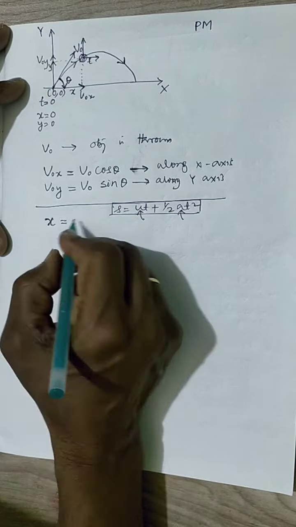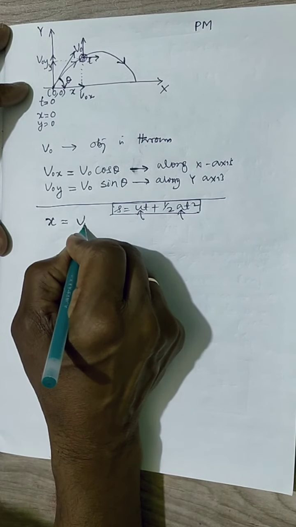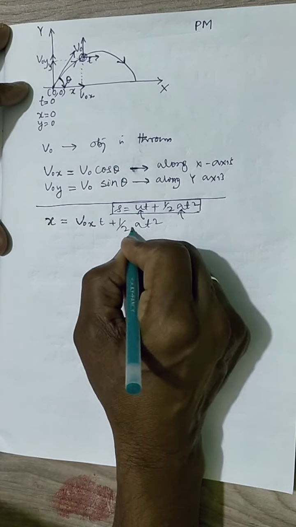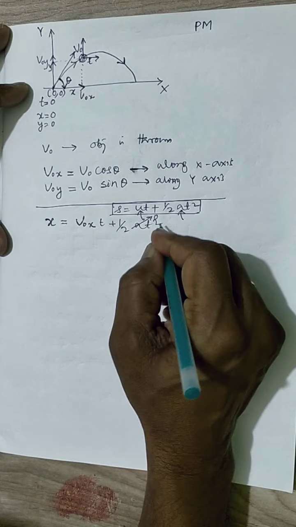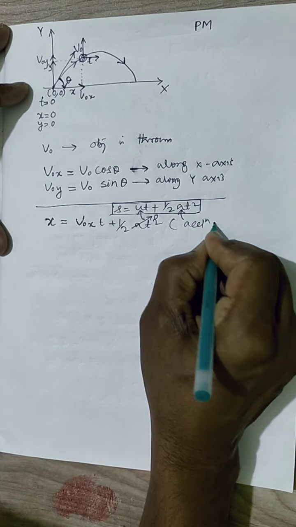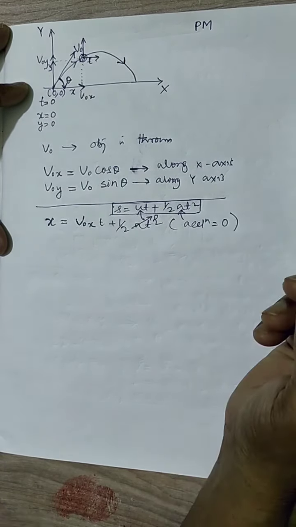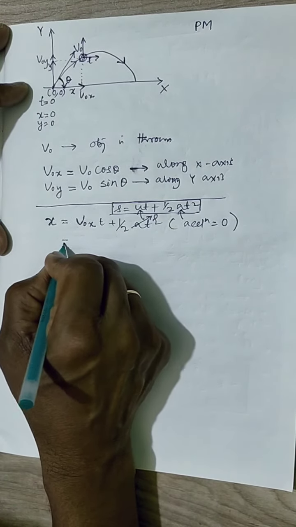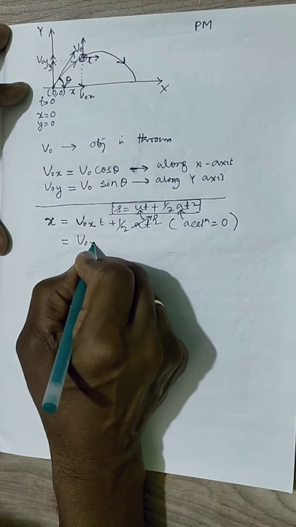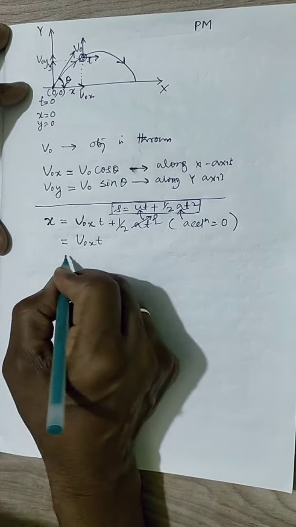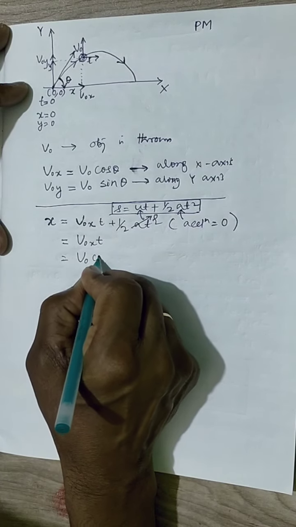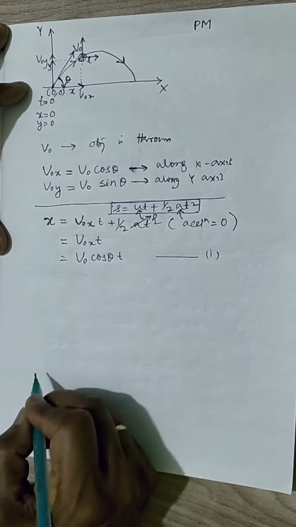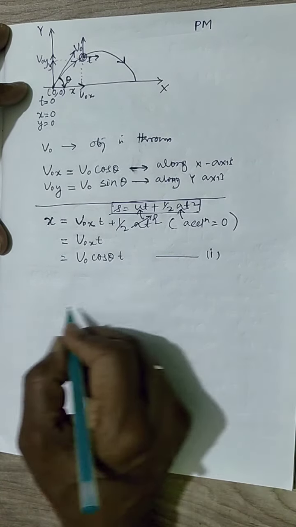Here u is v0x, and a is 0 because acceleration is 0 along the x-axis. Now x becomes v0x t, which is equal to v0 cos theta into t, the distance it has moved along the x-axis.